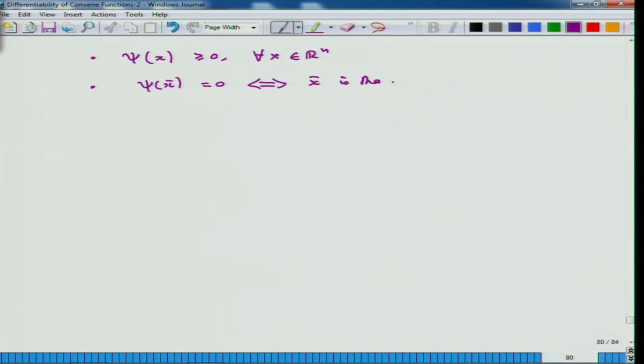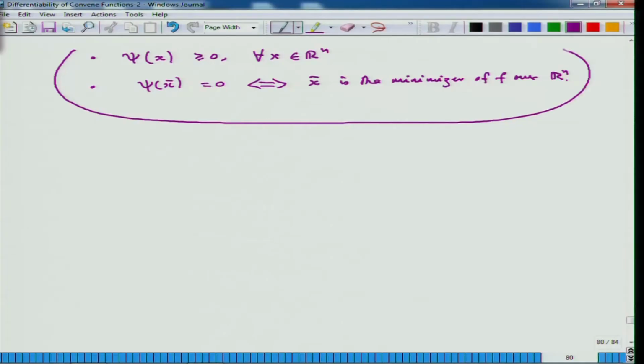Obviously, f is strongly convex, so it is the minimizer of f over Rn. Such types of functions, at least in this particular setting, which measure the distance from the original solution, are called a merit function or a gap function.